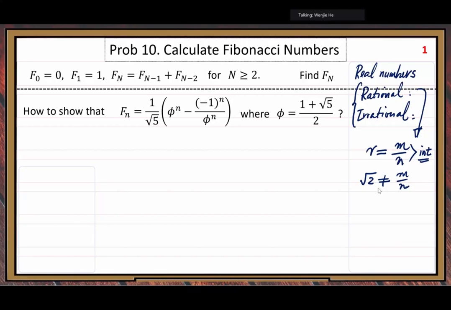So there is an example. You use the contrapositive method. If it can be represented as m over n, then you take the square of both sides. So 2 equals m squared over n squared, then you can get a contradiction.